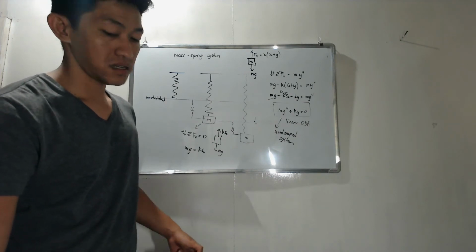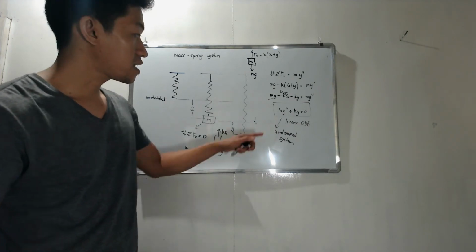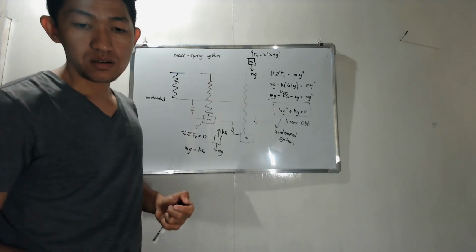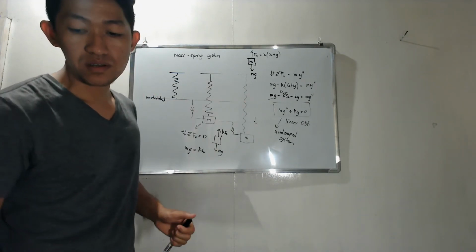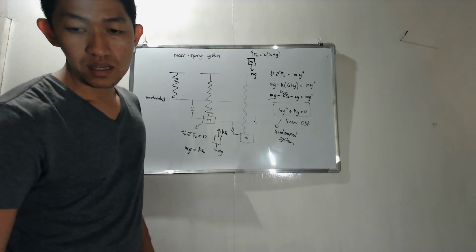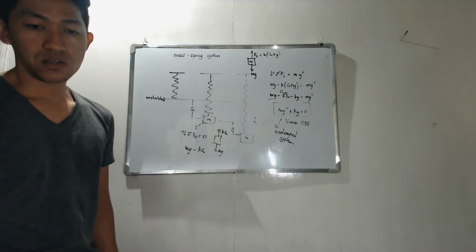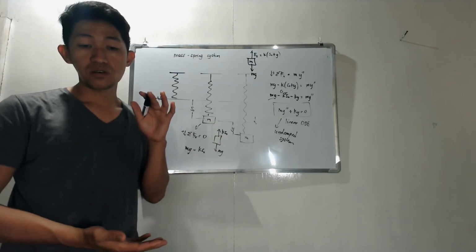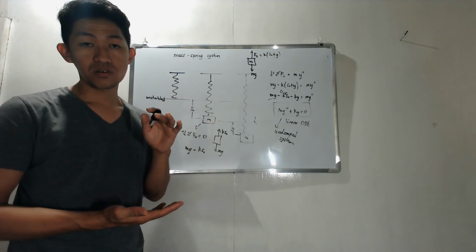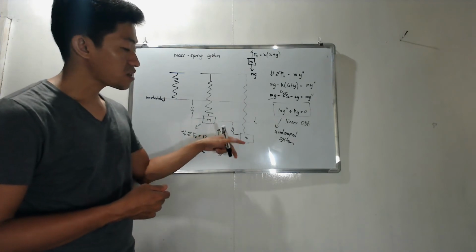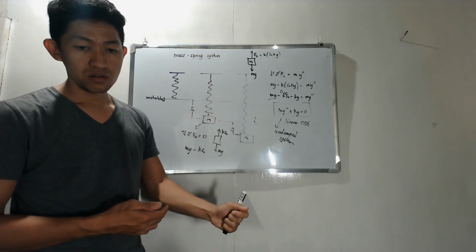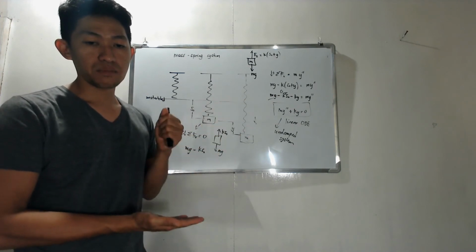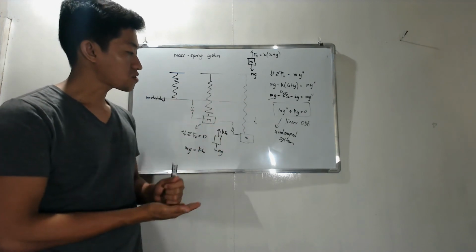However, wala talagang ganito na object in real life, because there is always a damping force. What is a damping force? Ito yung mag-oppose sa motion mo. Kung pa-download ang motion ito, air particles actually is a damping force.